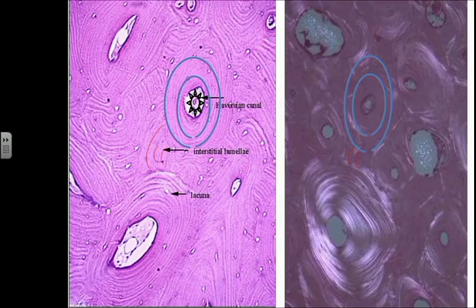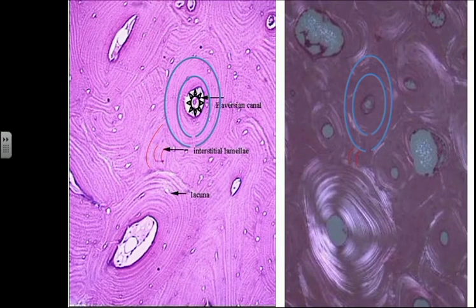This picture on the left shows mature lamellar bone by light microscopy, and on the right with polarizable light. It's from the cortex of the bone. The cortex is the shaft and the outer layer of the bone. In contrast to the trabecular bone, which is formed of thin spicules of bone, the cortex has blood vessels inside.